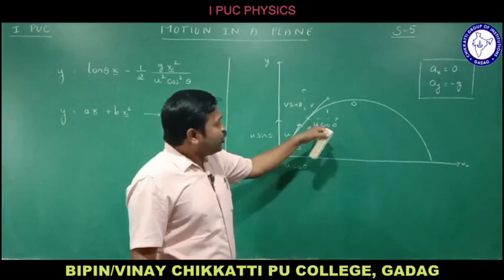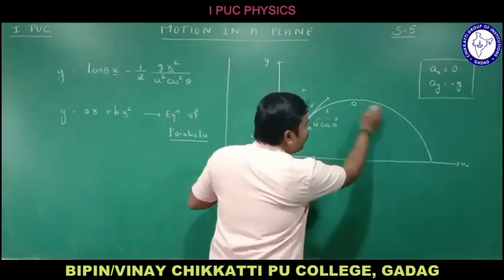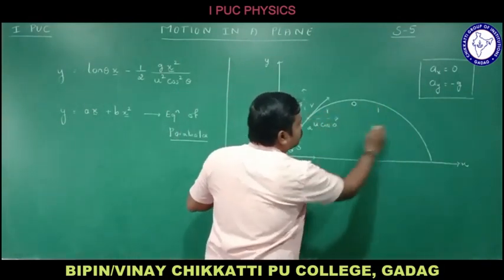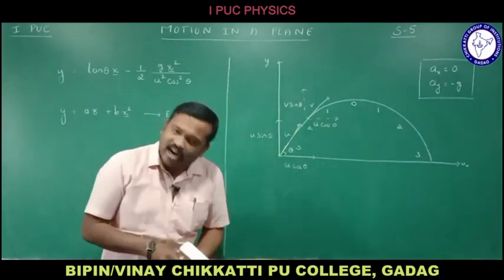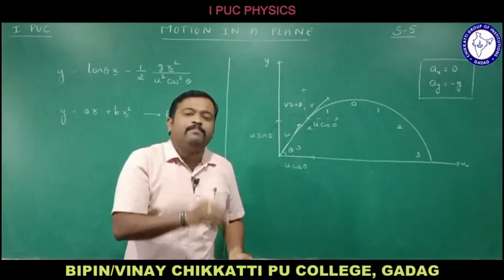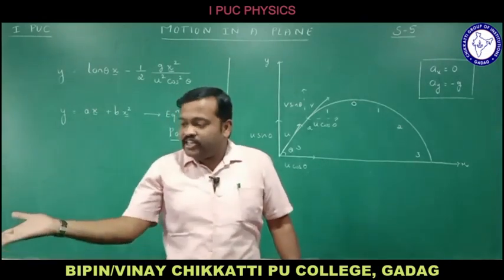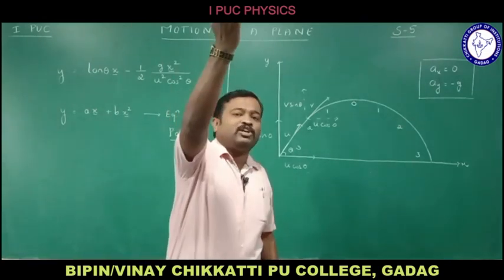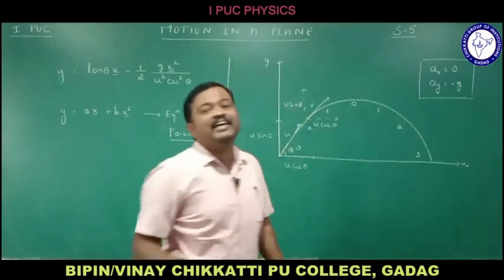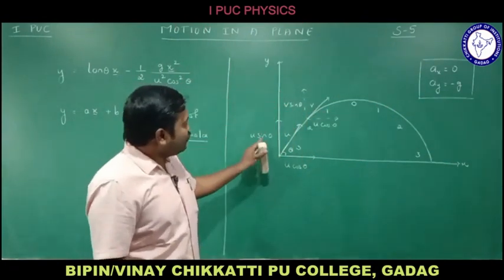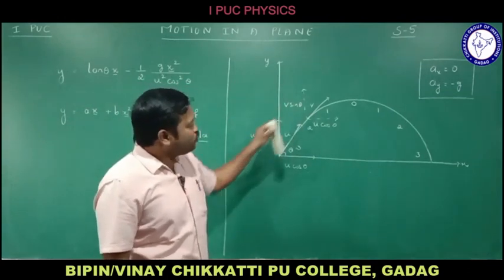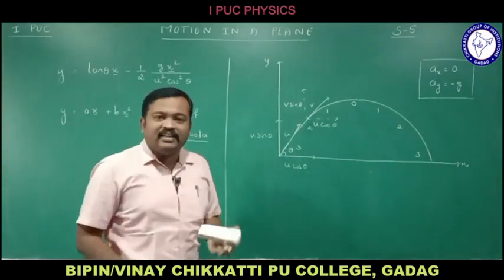If it is 3, 2, 1, 0, and when it comes down, its speed increases again, 1, 2, and let me call it 3. This is how the body moves in projectile motion. Its speed decreases, at one point it will be minimum, and again it increases. I am speaking about the vertical component, u sine theta and v sine theta. By these two I can say that this is lesser than this.